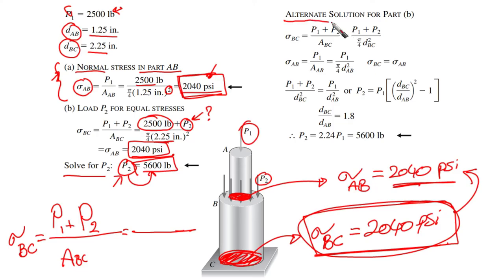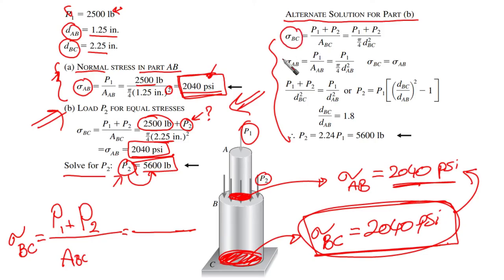There is an alternate solution for this part, part B, which is very similar to what we have done here, but deals with diameters rather than the areas. So I'm going through it quickly.